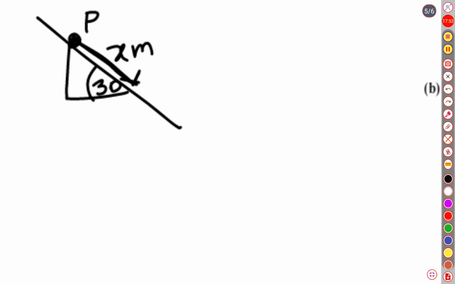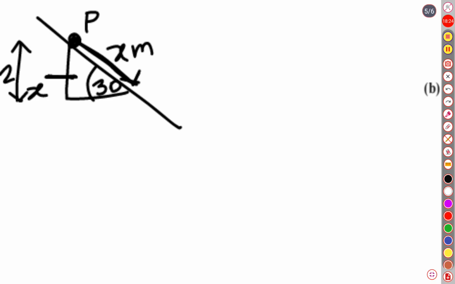That means Q moved up x, and the total distance was 2 meters. So Q went up until x, and P came down. Okay, the final height actually.